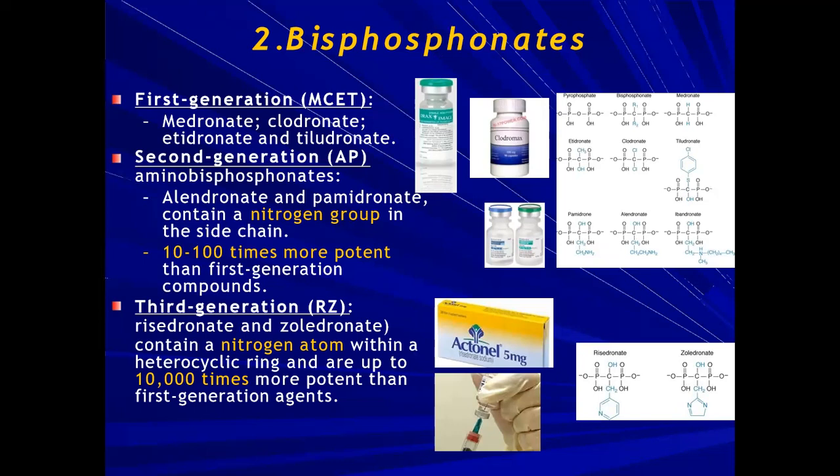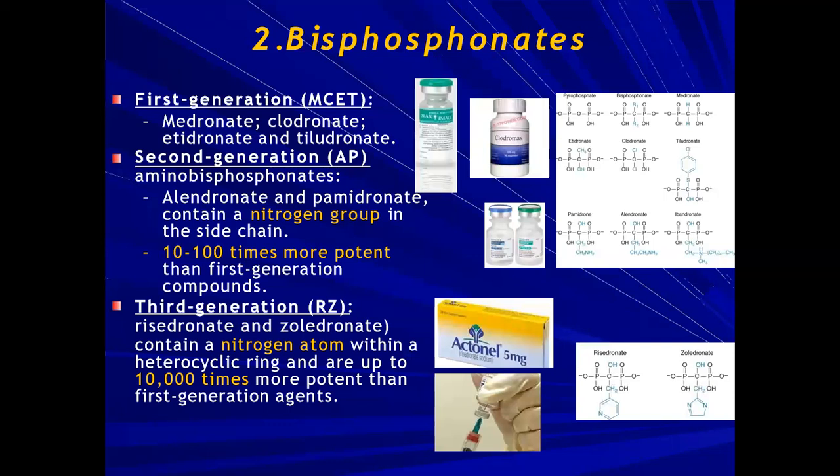The second generation is the amino bisphosphonates. Examples are alendronate and pamidronate, which contain a nitrogen group in the molecular chain. So it is 10 to 100 times more potent than the first generation compounds.